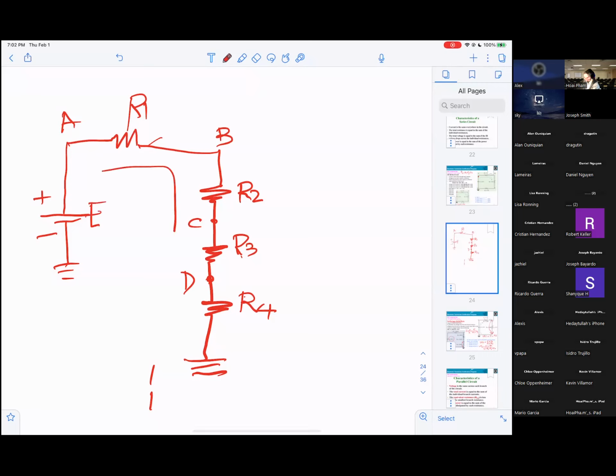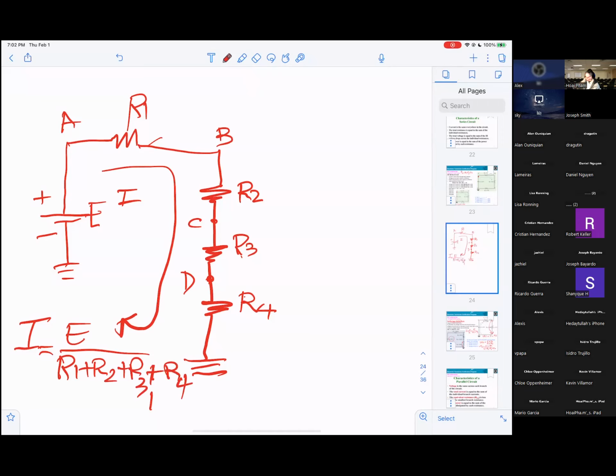You can calculate the current I, right? I equals E divided by R1, R2, R3, R4. Okay? Ohm's Law, right?